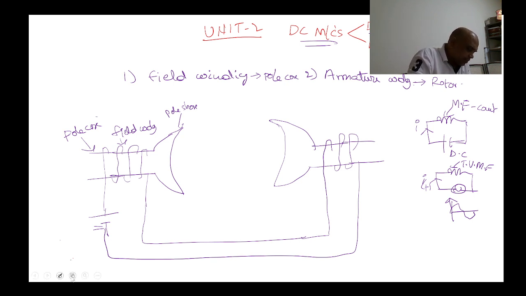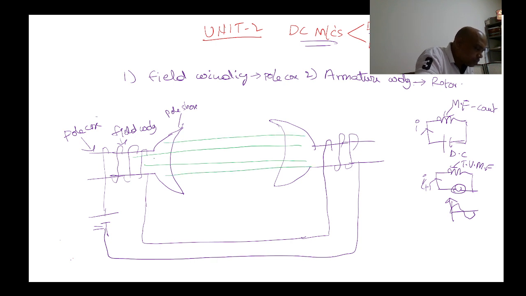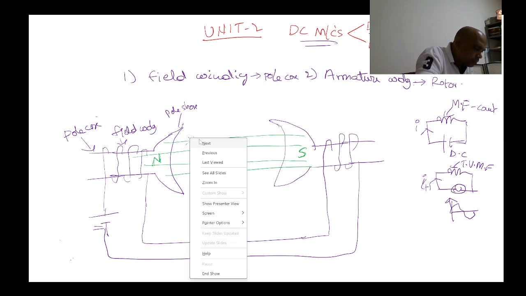So the flux lines pass through the coil. These are the flux lines passing from the north pole to the south pole. This is the north pole, this one is the south pole.